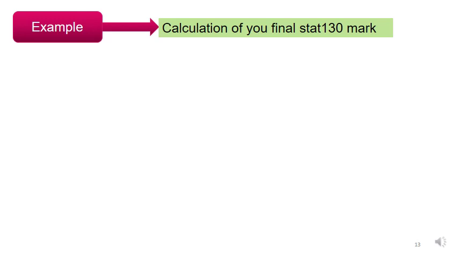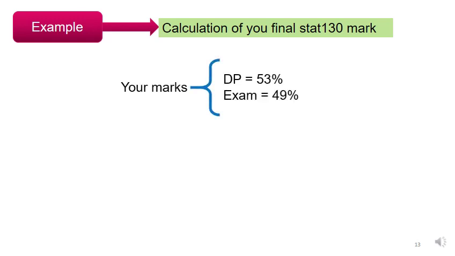Say you want to calculate your final Stat 113 mark. Your marks, you get 53% for your DP and 49% for the exam. These are weighted differently.